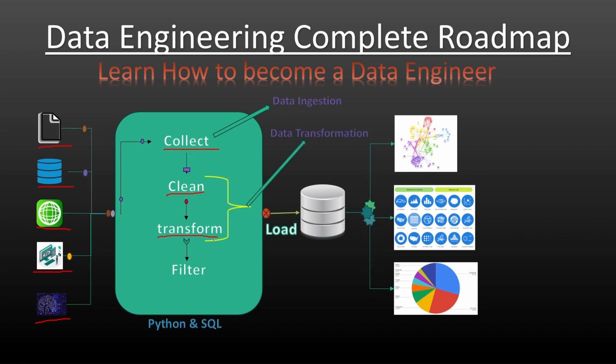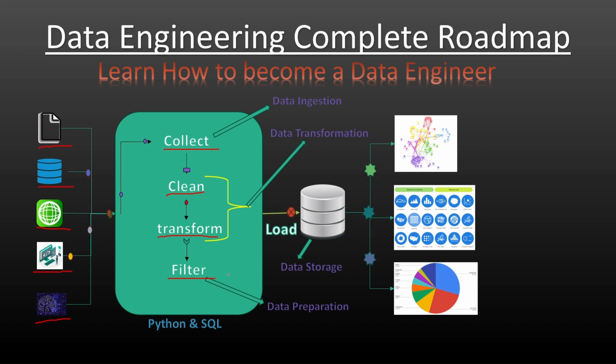If necessary, we will use some filtering rules that will prevent us from storing irrelevant data. We will use Python for all these tasks. This is all known as data preparation. We will then use SQL or PL/SQL to insert or load data into the target database, which is known as data storage.